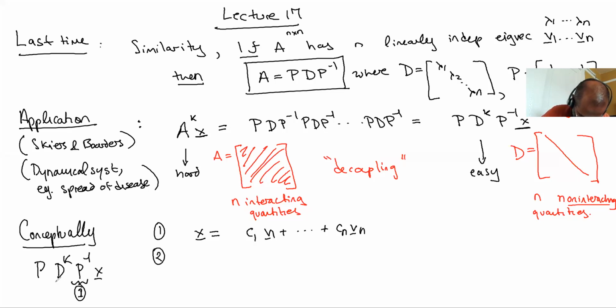The second step is multiplication by D to the k in this new basis. And if you think about what that's doing, well, the point is when you write x in the eigenbasis, what it's doing is very simple. By linearity, you can push the A to the k inside.